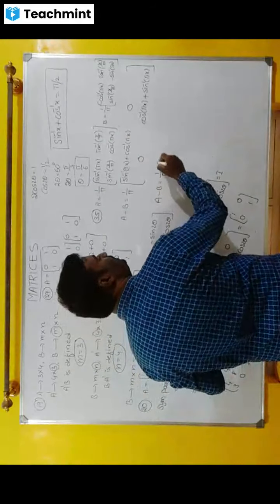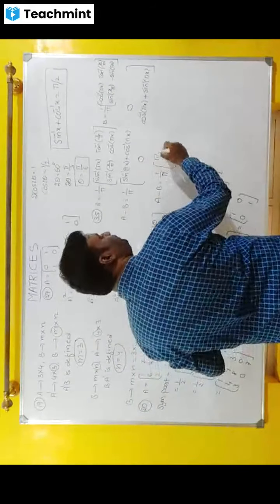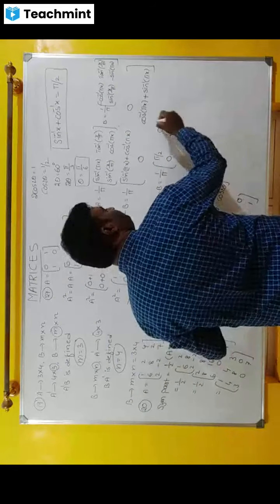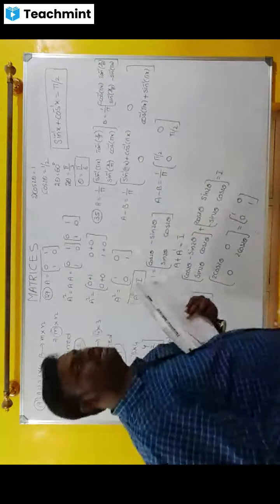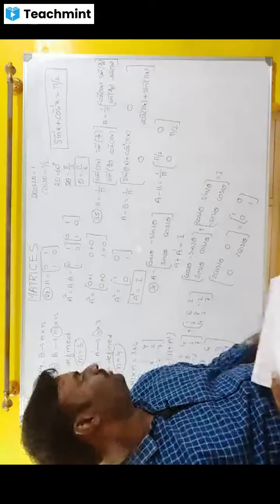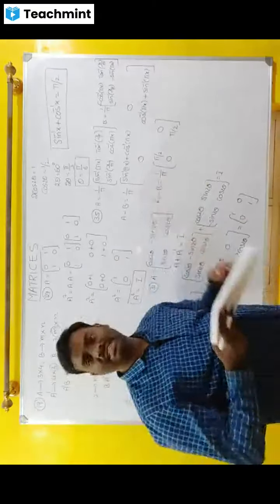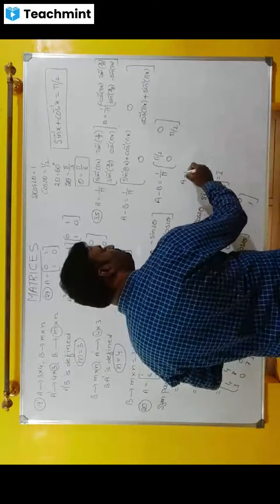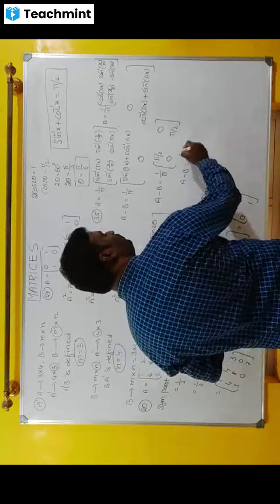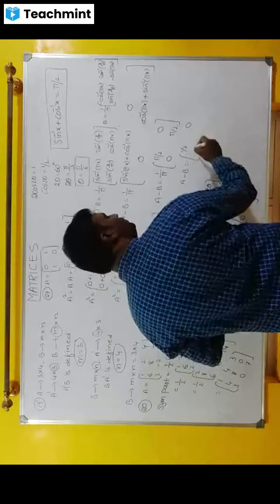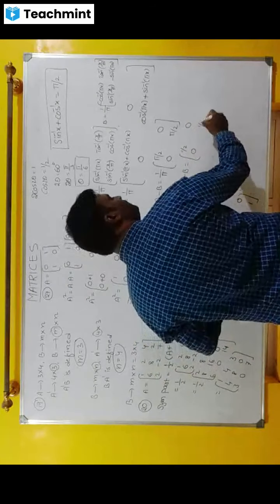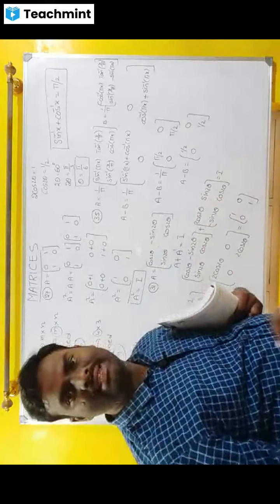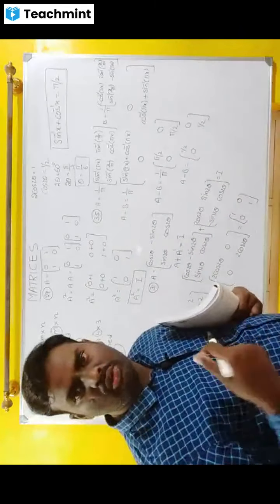Now A minus B is equal to 1 by pi into the matrix pi by 2, 0, 0, pi by 2. Divide each and every term by pi. Then pi gets cancelled. Then what will we get? A minus B equals 1 by 2, 0, 0, 1 by 2, because pi and pi get cancelled. Can I take 1 by 2 common?